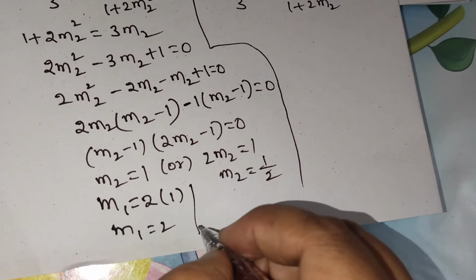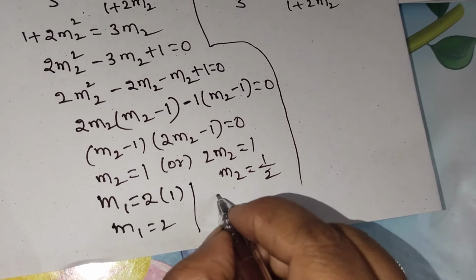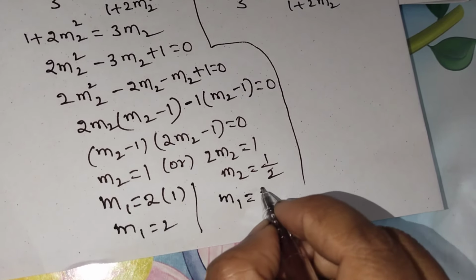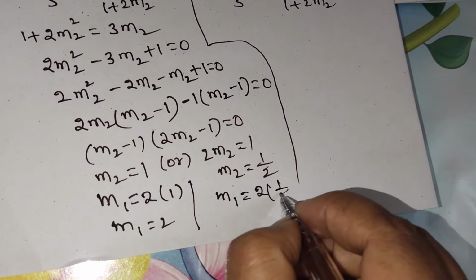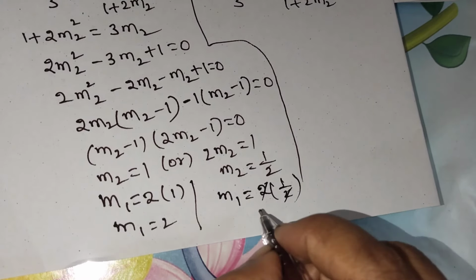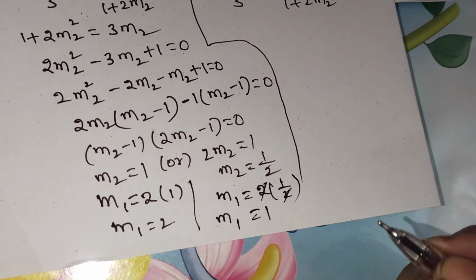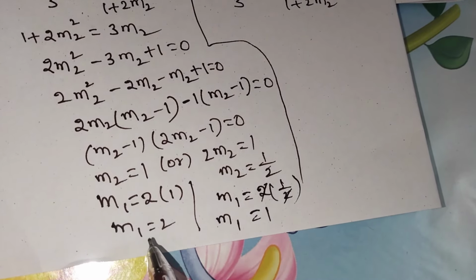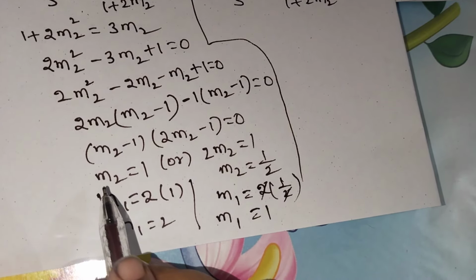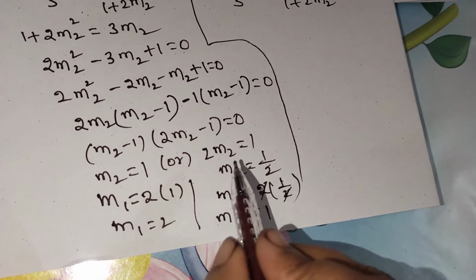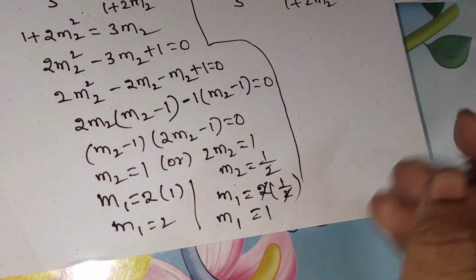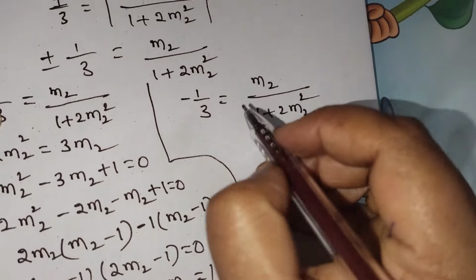Next, when m2 is half, what is m1? 2 times m2 means 2 times half, that is 1. So here we get: when m2 is 1, m1 is 2. When m2 is half, m1 is 1. The next case is there.